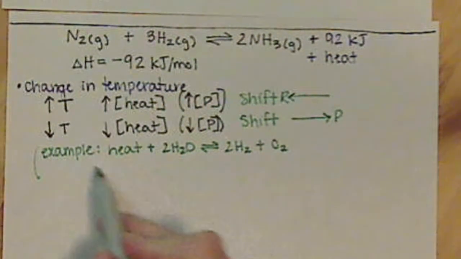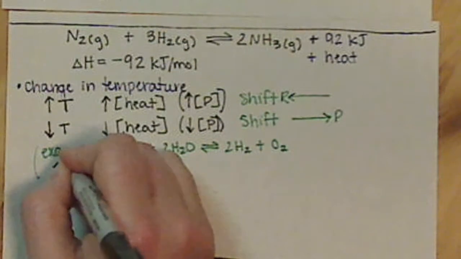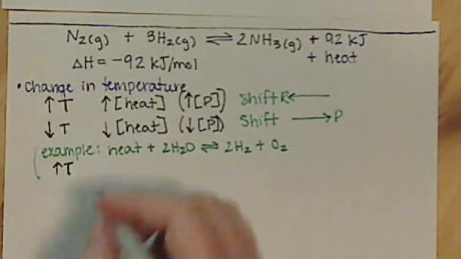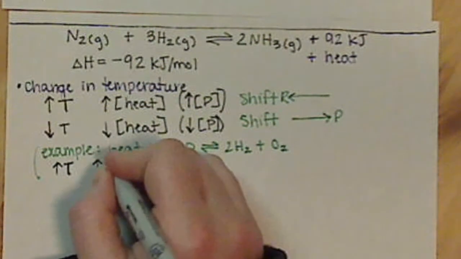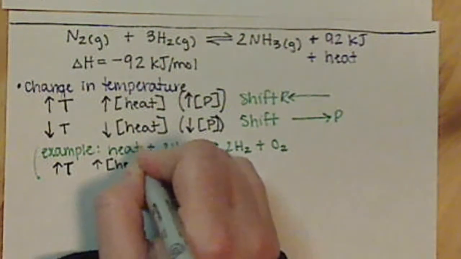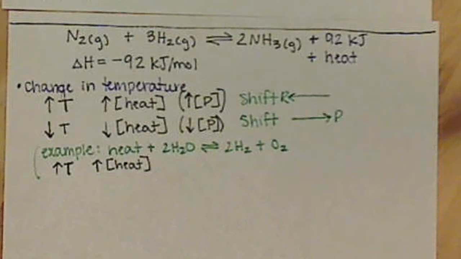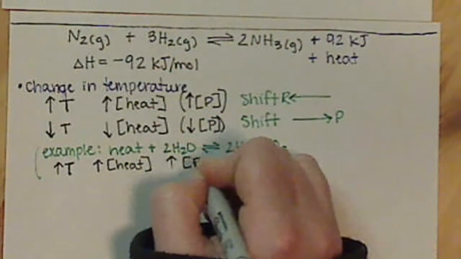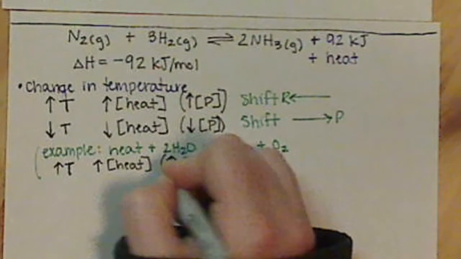Now here, with this reaction, if we increase our temperature, in other words, we're increasing the concentration of our heat. In this case, with an endothermic reaction, what we're doing is we are increasing the concentration of a reactant.